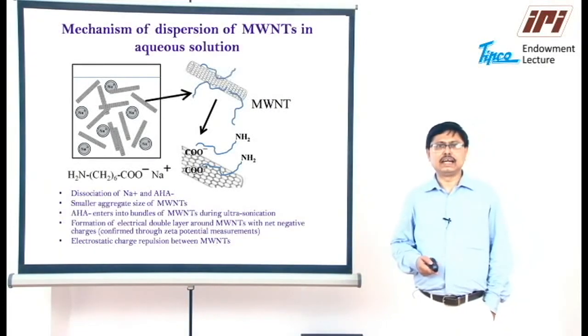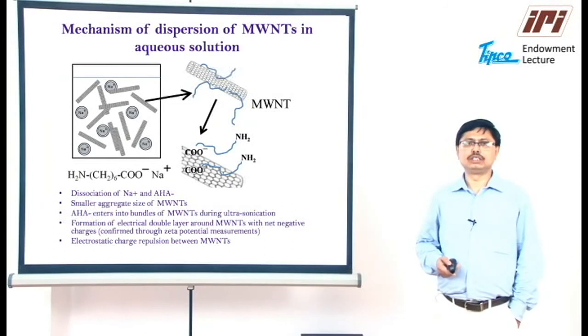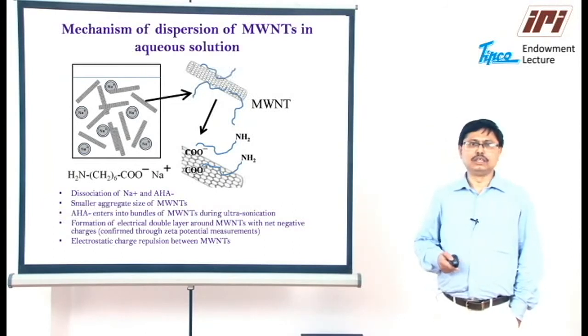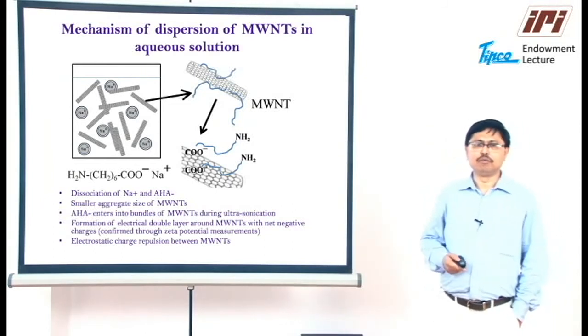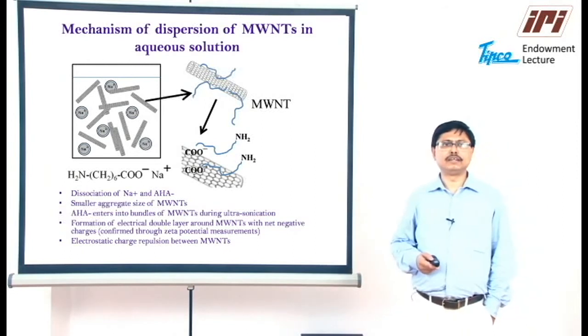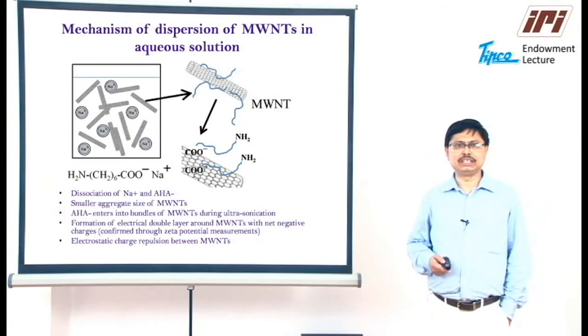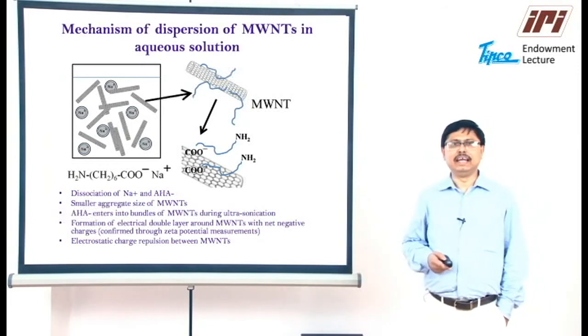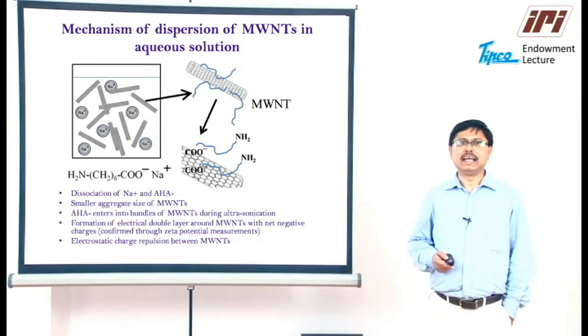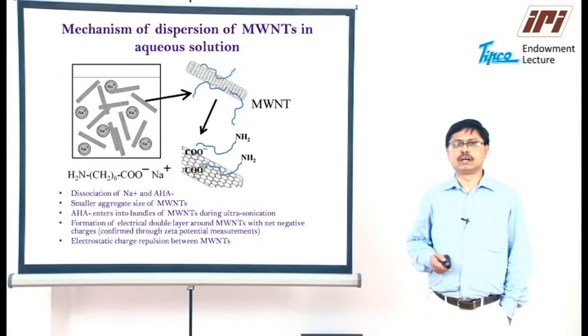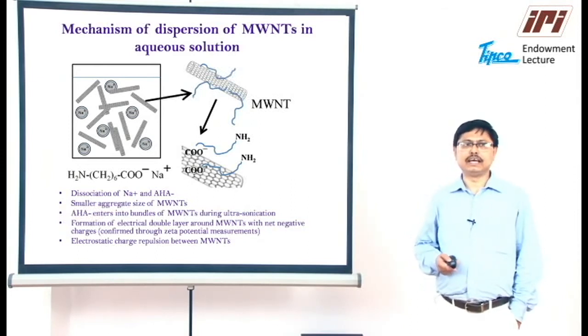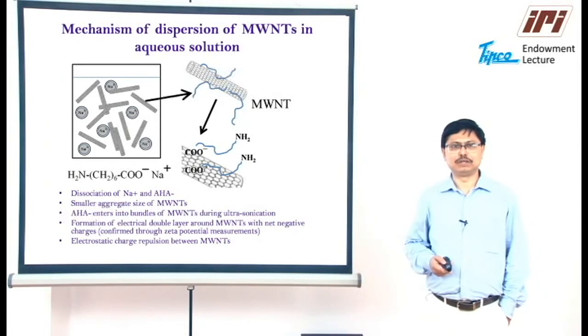We need to understand the mechanism of dispersion of multi-wall carbon nanotubes in aqueous solution. The multi-wall carbon nanotubes were modified with the NaHA modifier because any covalent modification would disrupt the electronic structure of the nanotubes and would involve breakage of the nanotubes during the functionalization process.